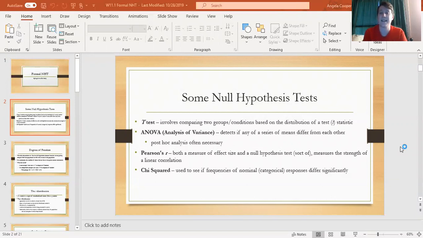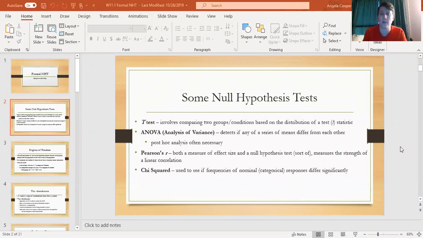ANOVA, also known as an analysis of variance. This is where we're looking at the differences in the means for multiple groups. Whereas with t-tests we're just looking at two groups, with a one-way ANOVA, we're looking at three or more groups. So very similar to t-tests in the sense that we're still looking at groups. It's just that with ANOVA, there's more than two.